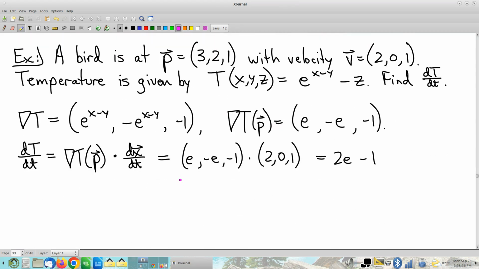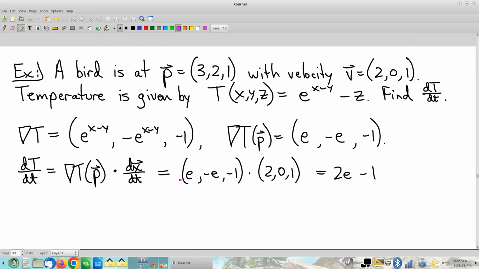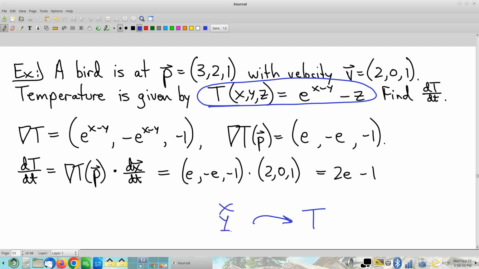So here's an example, and it's a pretty straightforward one. We've been asked to find the derivative of a composition. You'll notice we have t as a function of x, y, and z.